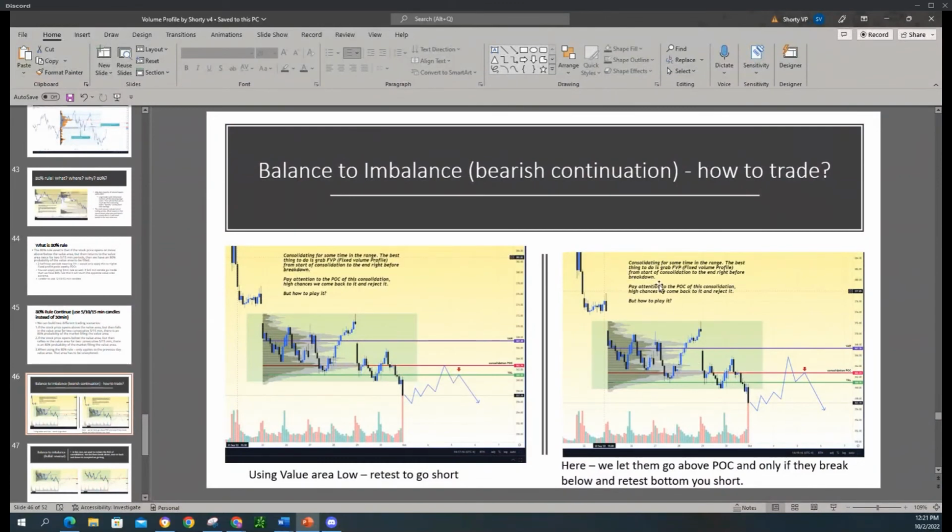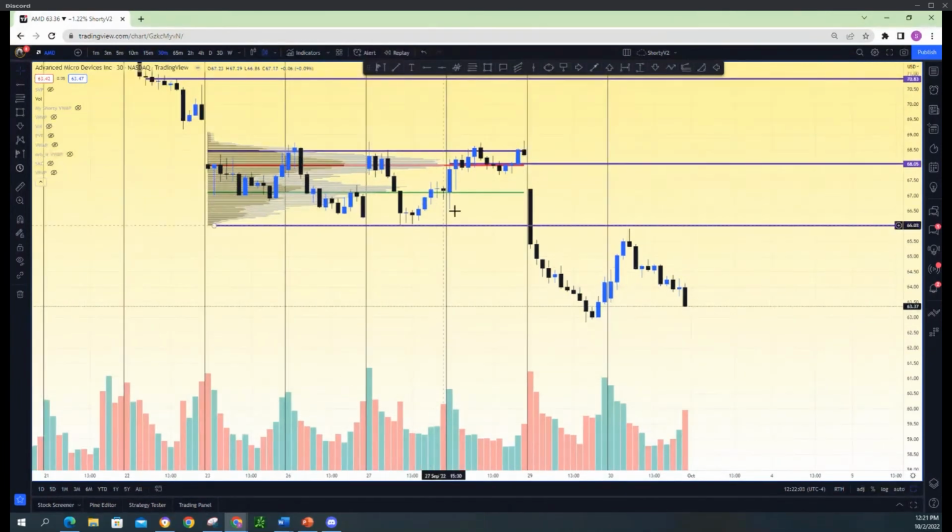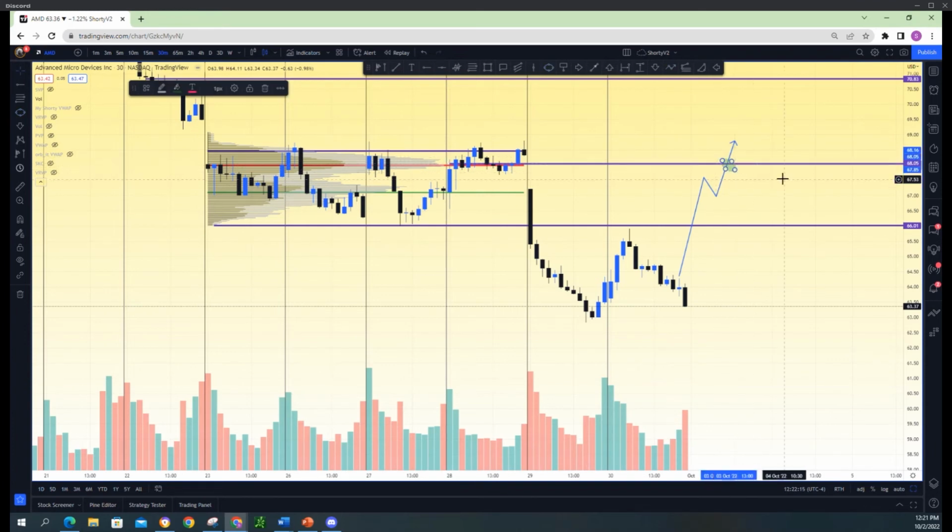A similar setup that you can trade here, and guys, it's pretty much identical here because it repeats nonstop 90% of the time, is if you're to reclaim the POC, let's say you reclaim this value area low. Well, you reclaim this, you go above. Most people lose money because they short aggressively at the POC on longer periods.